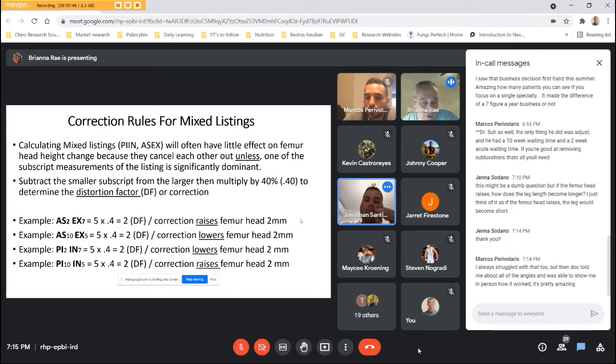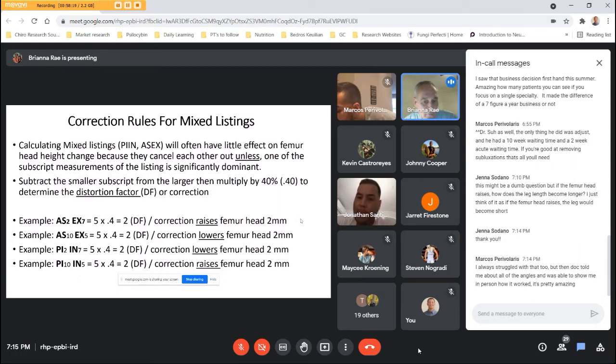Mm-hmm. Yes. Gonstead felt the body could compensate for around 6 millimeters of actual deficiency without it necessarily being a problem. Meaning that if it doesn't affect the sacral base, if the sacral base still stays pretty level, then that's just that patient's normal.